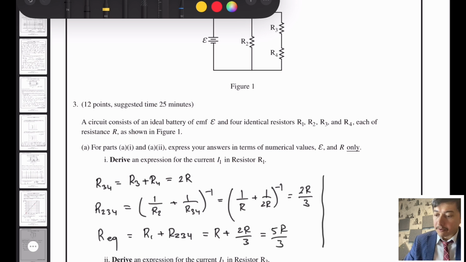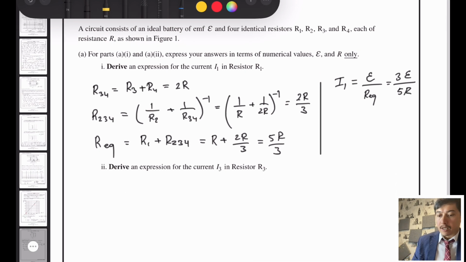All right, we have the R equivalent. Now we can use Ohm's law to find the current in R1. The current in R1 is going to be equal to the current in the battery. The battery has a voltage of epsilon over R equivalent, so it's going to be 3 epsilon over 5R.